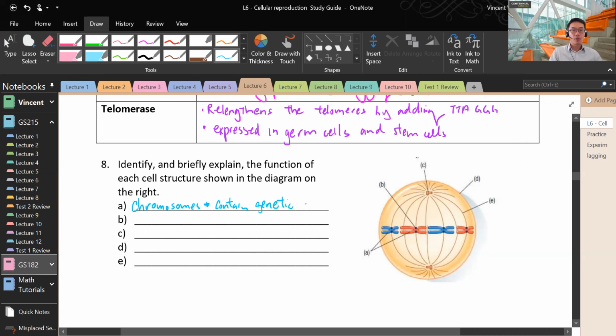B is pointing at these black circles. Those are the centromeres. The centromere is where duplicated DNA sticks together.